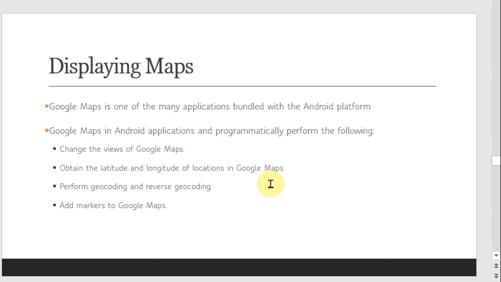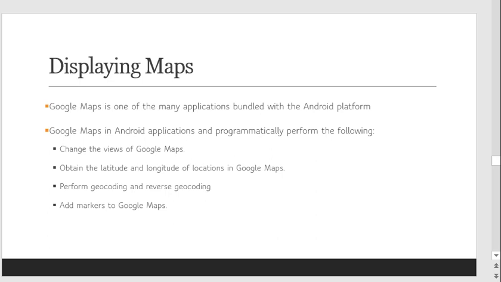We are going to see the first part, that is how you can display maps. Google Map is one of the many applications bundled in your Android platform. In addition to simply using the map application, you can also embed it into your application and make use of it in a more interactive, better way.